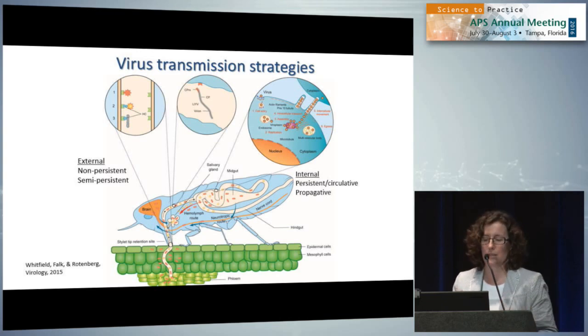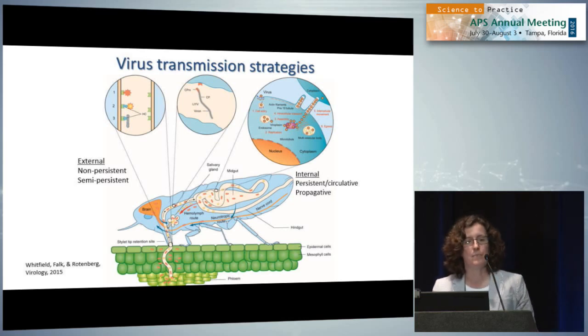So they don't circulate through the insect body. But today I'm going to be talking about the internal viruses. These are the viruses that enter the guts of the insects. Some of them replicate, the propagative ones, and that's what I'm going to be talking about. Then they eventually have to move to the salivary glands of the insect to be transmitted. So for these propagative viruses, the plant and the insect are both hosts.